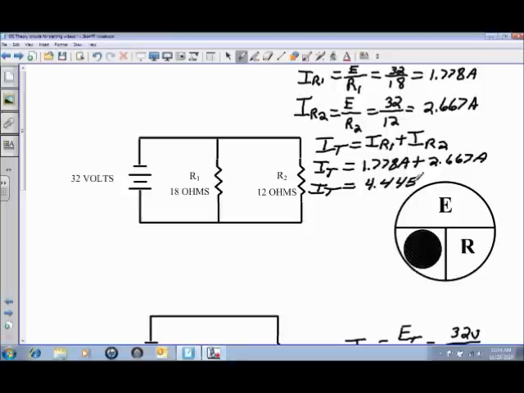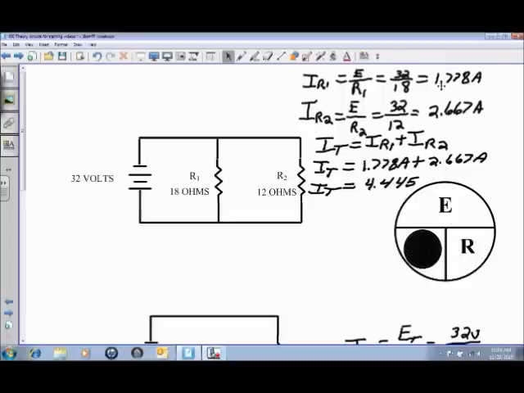Now, a couple of other things can be said about the current flow in a parallel circuit. Do a comparison of the current flow from R1 to R2. So the current flow through R1 is 1.778 amps, and the current flow through R2 is 2.667 amps.